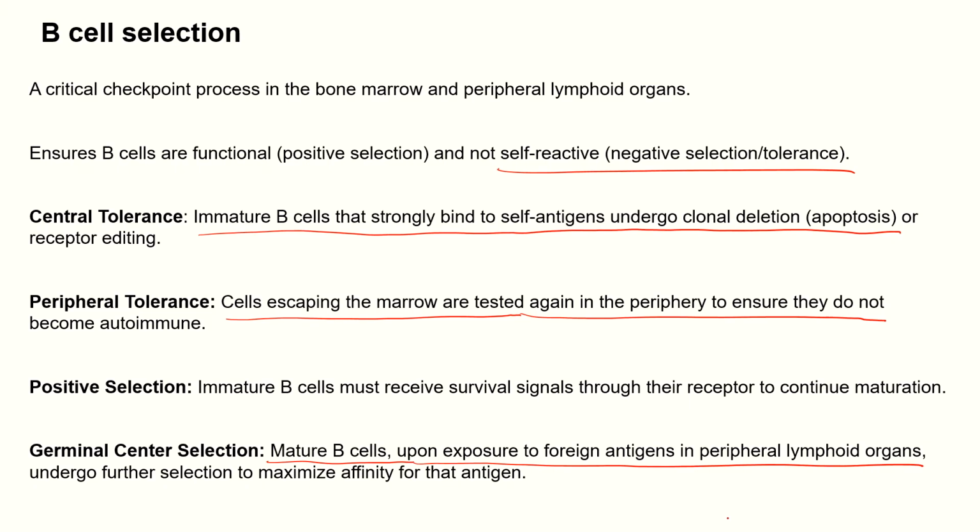So there are two ways tolerance works, central and peripheral, and then finally there is positive selection. Once there is positive selection, we need to enhance that same cell which can bind, to produce more and more effective cells. For that we need germinal center selection, where the mature B cell population is enhanced in production in order to raise more and more antibody. So this is the B cell selection. We'll see it in detail in this slide now.